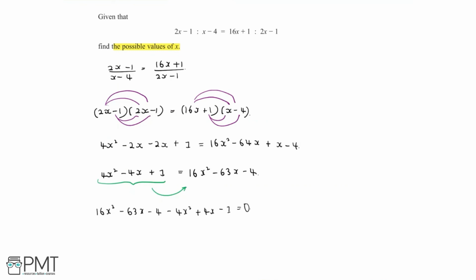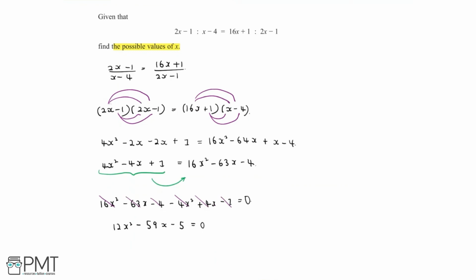Now simplify. 16x squared minus 4x squared will simplify into 12x squared. Minus 63x plus 4x will simplify into minus 59x. And then minus 4 minus 1 will simplify to minus 5. And so we end up with 12x squared minus 59x minus 5 is equal to 0.